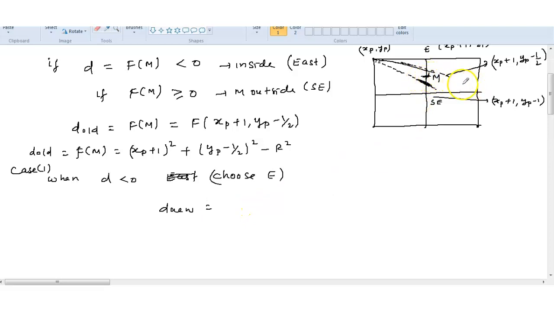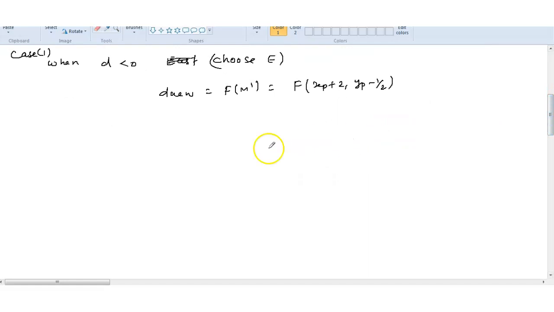This becomes the coordinate of m dash, f of m dash, and the coordinate of m dash is xp plus 2, and yp will be the same, yp minus half, because this is the same line of the y-axis. So we can write this coordinate xp plus 2 and yp minus half, and we can substitute this in the equation of the circle.